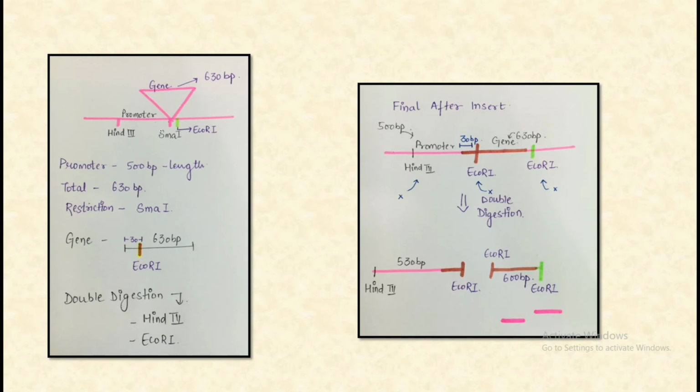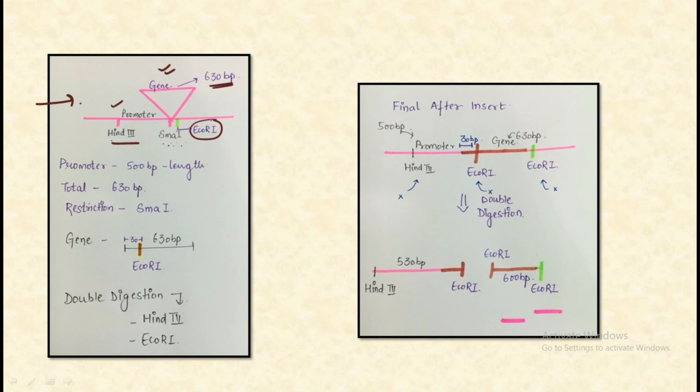The question says that we have this vector present. At the first place we have HindIII, then we have the promoter. At SmaI we have the gene inserted, which is 630 base pairs, and beyond the SmaI we have the EcoRI site. What are these sites?